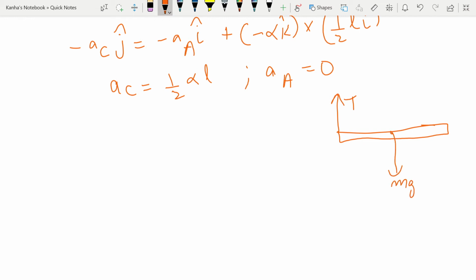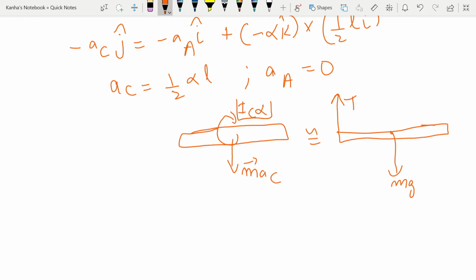Okay, and what this actually means is this rod has some accelerated motion downwards at the center, and there is some rotation motion about the center equal to IC alpha. Now I can easily apply Newton's second law for translation.